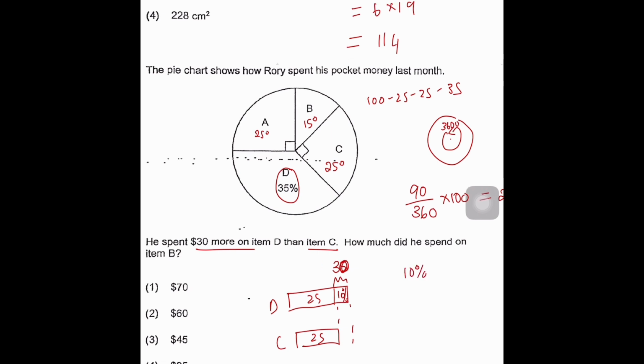If 10% is $30, item B is 15%. So 5% would be $15, and 15% would be times 3. So $15 divided by 2, and then times 3 would be 15 times 3, so $45. So the answer is 3.